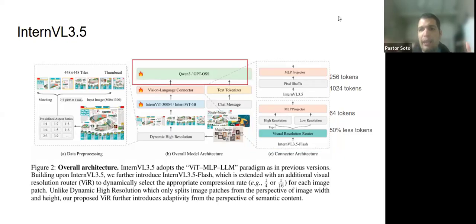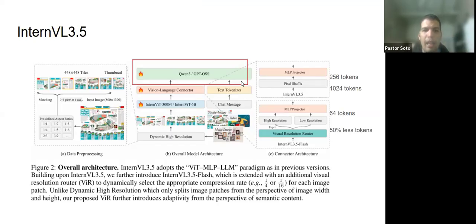So after we have that image already processed, and we have the connection between the image and the language model, we can now pass it to the large language model, which will be this open source model, GPT open source or Qwen3. And from then we provide an answer, right? And that answer, as you can see here, this is a chat message, this is a text tokenizer.